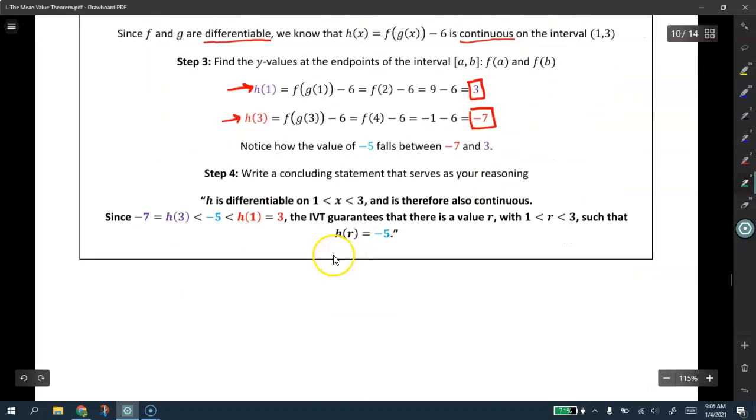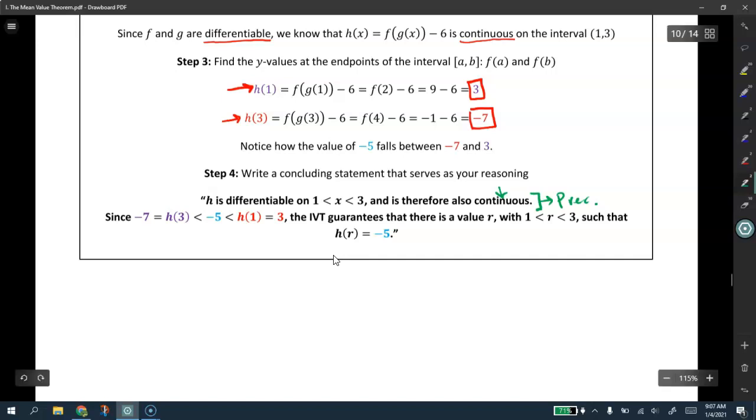To finish saying what we want to say, we write down that h is differentiable on 1 to 3 and therefore also continuous. Again, what is this part of the statement? This is the precondition, and you must write it, right? Now, why are we impressing on the fact that it's continuous is because we're about to call on the IVT, right?